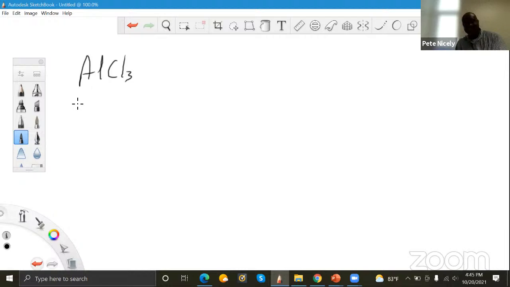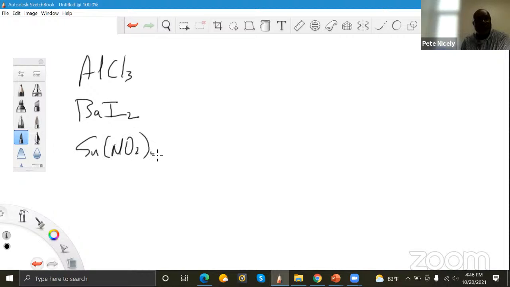Aluminum chloride is correct. Okay, the next one is BaI2. What's the name of this one? Barium iodide, very good. The next one is, and think about this one carefully, Sn(NO2)4.